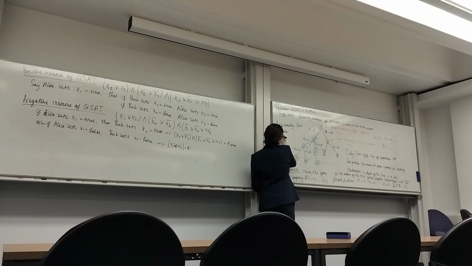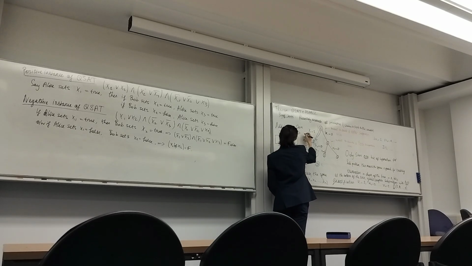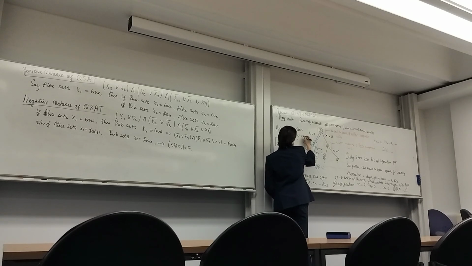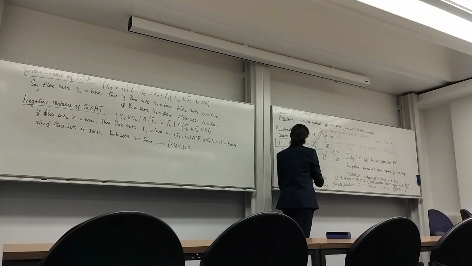This counter will have n minus 1 over 2 bits, where the value ci implies the assignment of the current universally quantified variable.